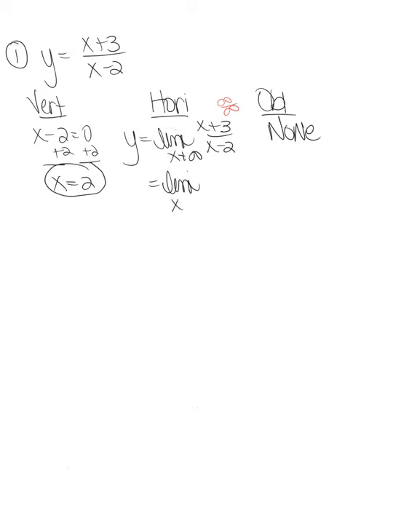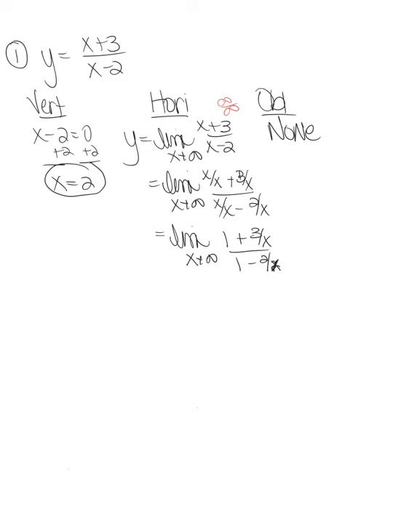This looks like the limit as x approaches infinity of x over x plus 3 over x, divided by x over x minus 2 over x. That's equal to the limit as x approaches infinity of 1 plus 3 over x over 1 minus 2 over x.